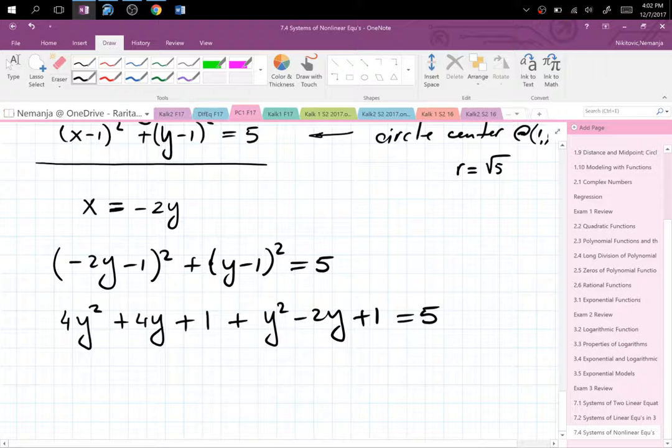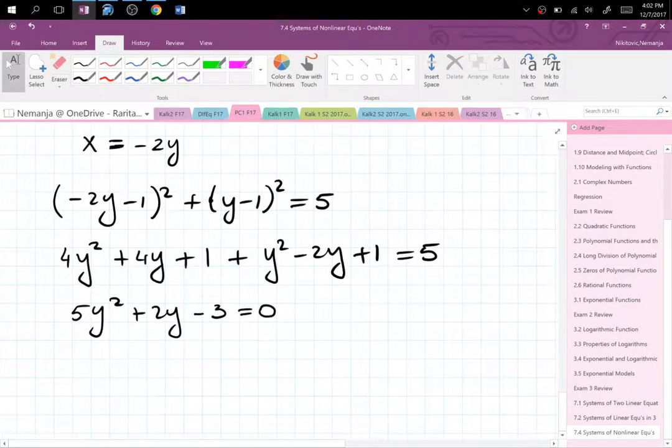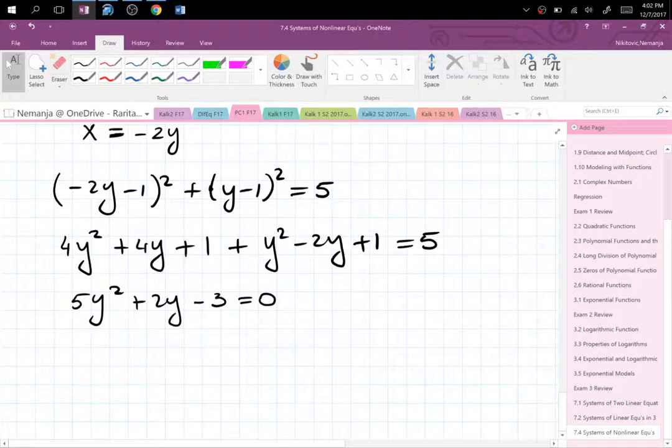Combine like terms where I get 5y squared plus 2y, and then move the 5 to the left, so you have 2 minus 5, that's negative 3. We get 0. And now you either factor or you unleash the quadratic equation. So let's use the quadratic equation here.